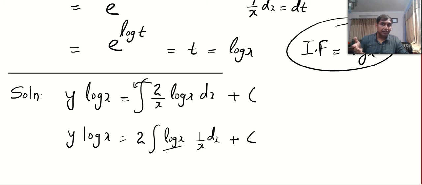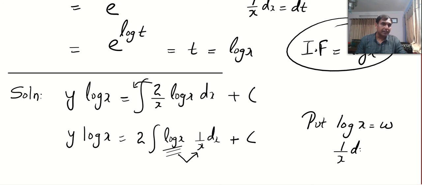I can see a function and its derivative in product inside an integral. So I'm going to put log x equal to w. Because I already used t, I'm not allowed to use t again. There's no problem with that, but still it will cause confusion. So 1/x dx is equal to dw.